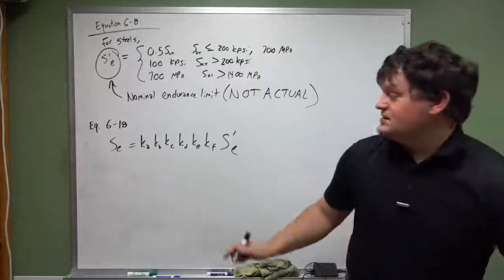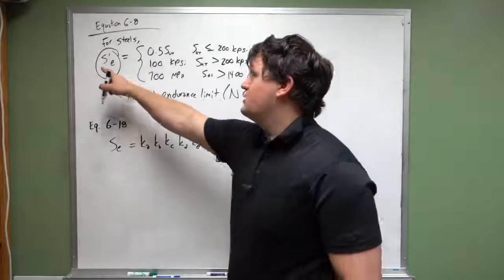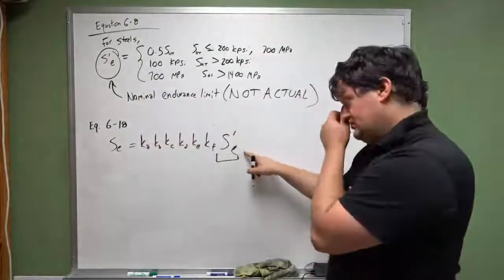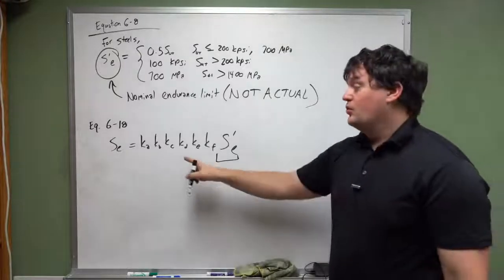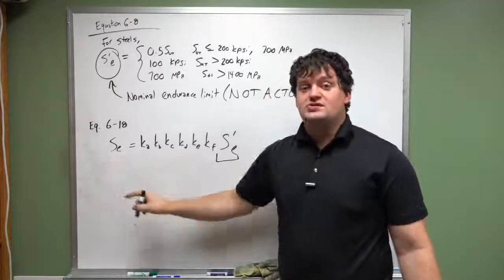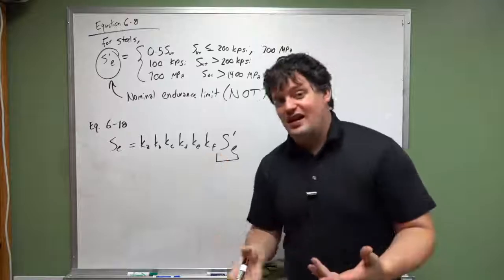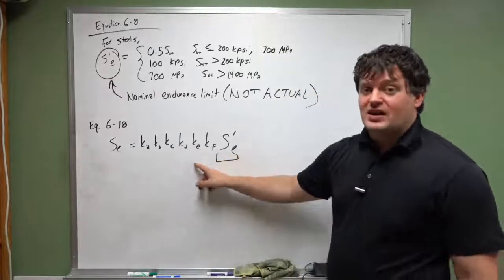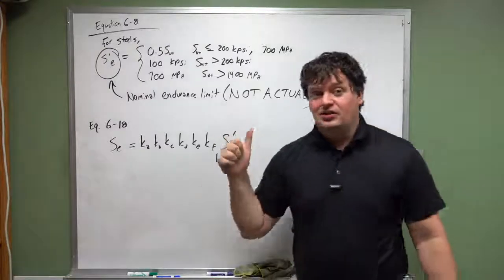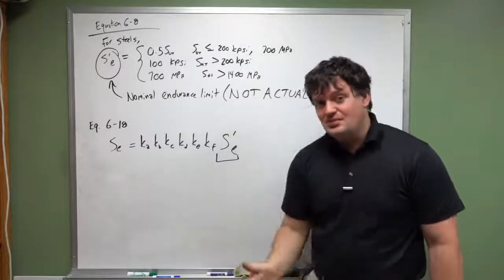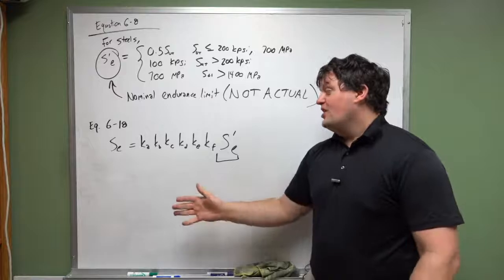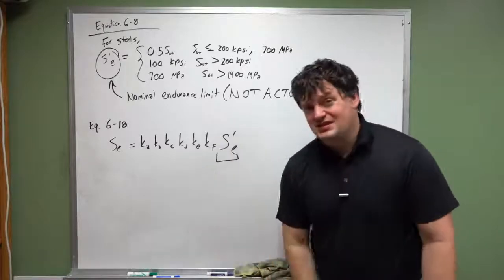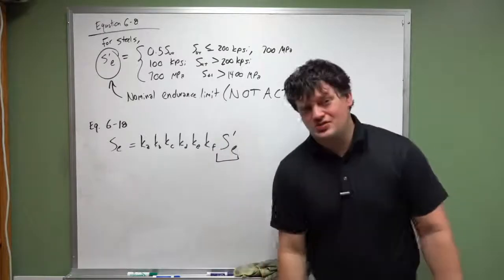Okay, so we use this value here, which is this value right here, to figure out what the actual endurance limit is, or what our estimated actual endurance limit is going to be. And we have all of these modifying factors that depend on loading conditions, number of cycles, how it's loaded, the surface condition of the material, and the temperature of the material.